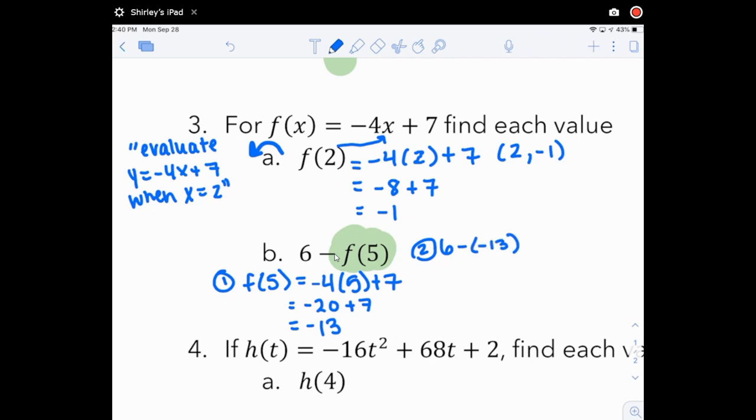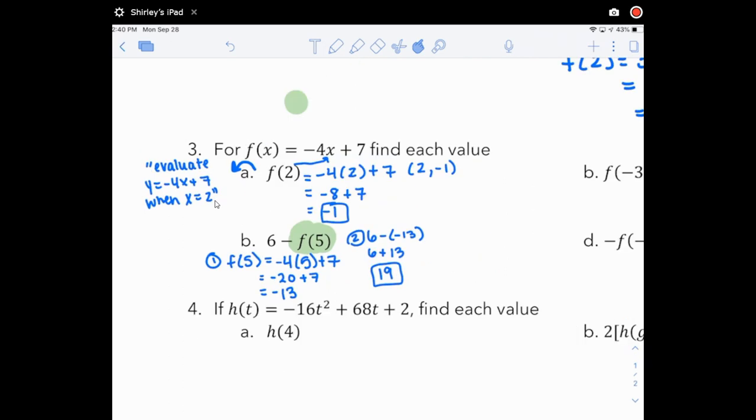So now I'm going to plug that in, and remember how to subtract two negatives. 6 minus negative 13 is the same as 6 plus 13, which gives me 19. If I was graphing this, my coordinate point would be just for my function: 5, and my output is negative 13. However, this extra stuff is not part of my coordinate point. My coordinate point only comes from my function.